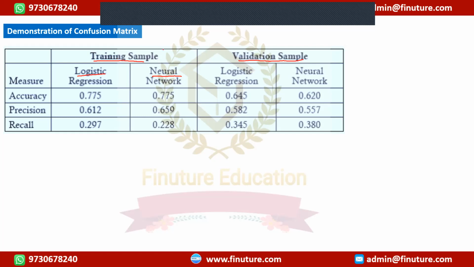These terms are very well explained in that. Please go to the playlist of cons. You will find that video. So say, for example, you have one model which is estimating default or no default, which is a logistic regression, and another one is a neural network.